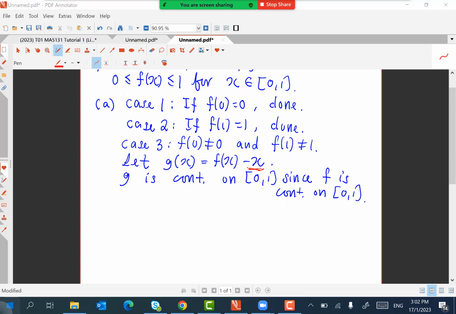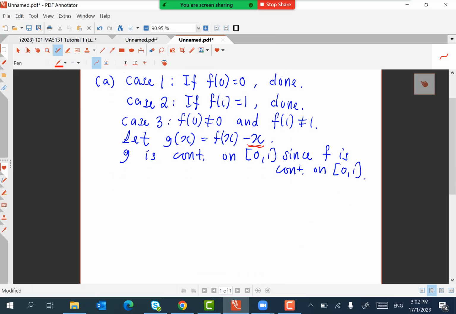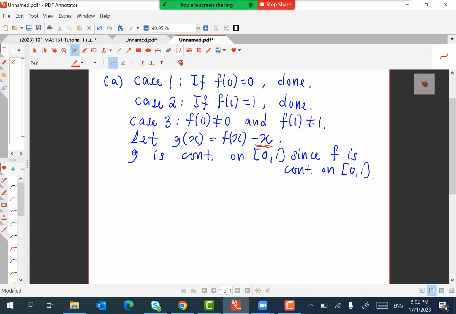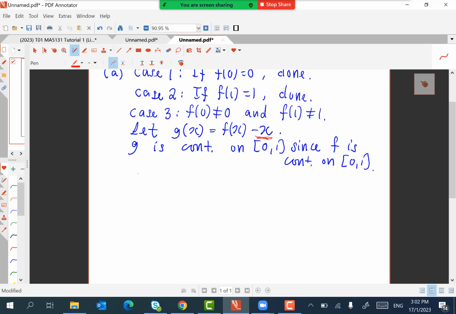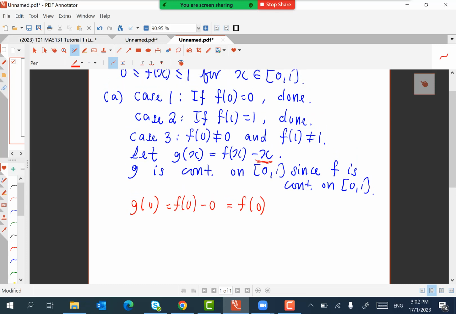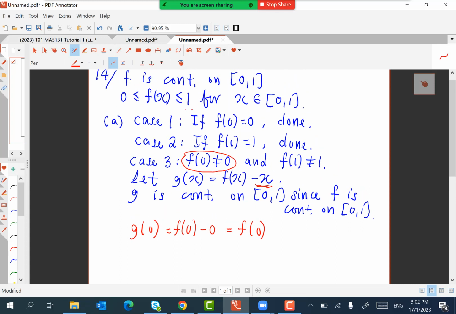After you have established this, you can calculate g(0). g(0) equals f(0) minus 0, so it equals f(0). Because of this condition and the fact that f(x) is between 0 and 1, this must be more than 0. So g(0) is more than 0.